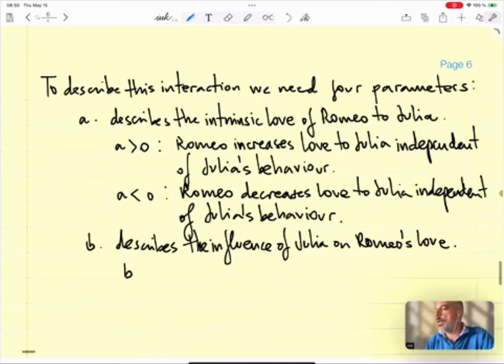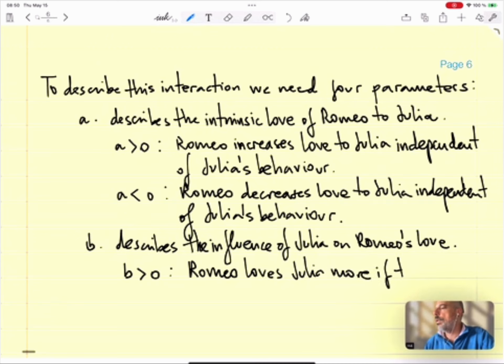Okay, so if B is bigger than 0, Romeo loves Julia more if she is charming.